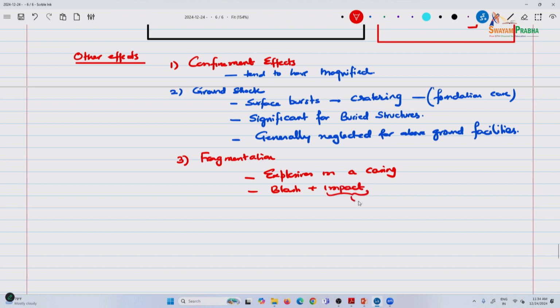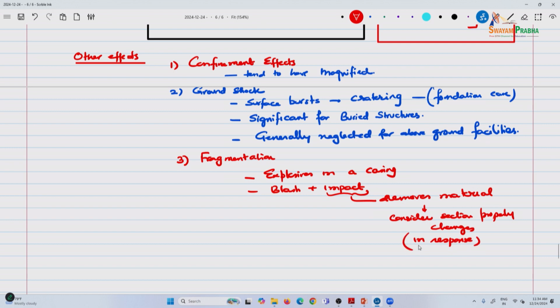Now impact degrades, it removes material. So when it removes material, you need to consider the section property changes and what it does to the response. So as you can see, it's fairly complex, but the UFC 340 does address that to some extent.